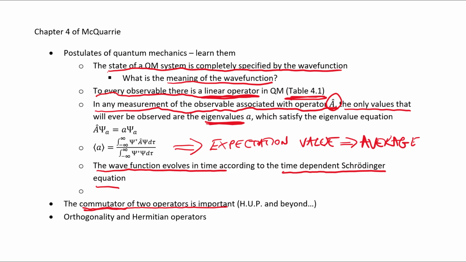For example, the operator for momentum and the operator for position do not commute. So the commutator is non-zero, and these two observables follow the Heisenberg uncertainty principle, and we can't simultaneously know accurately the momentum and the position of the electron at the same time.